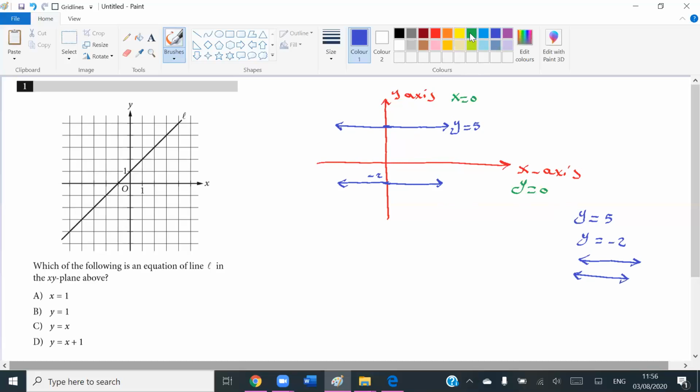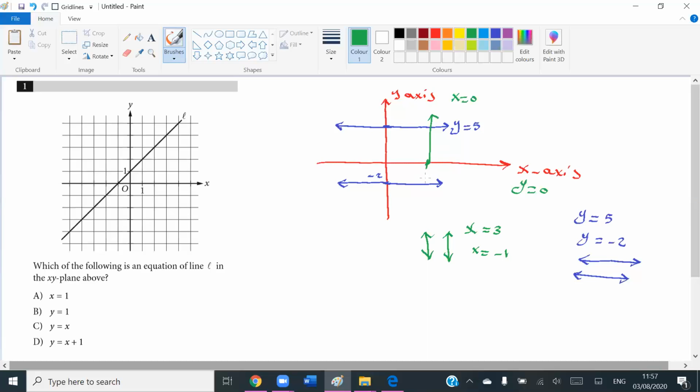Now if we have only variable x, say for example x equals 3 or x equals -1, in this case, the line will be a vertical line. So x equals 3, I will take 1, 2, 3, this point, and from this point, I draw a vertical line.